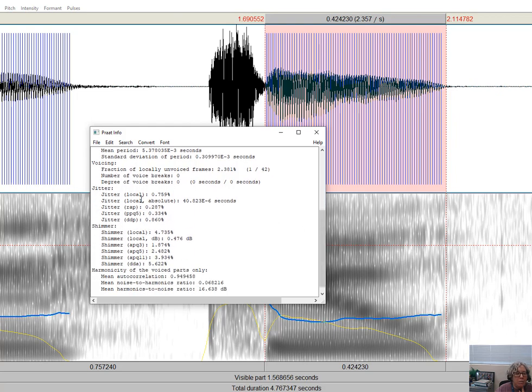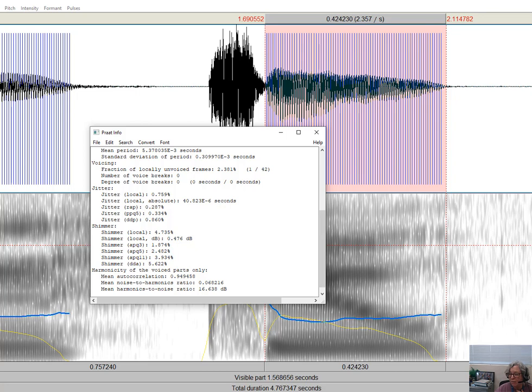My local jitter was 0.759, and my RAP for jitter was 0.287, not too bad. And my shimmer was 4.735. That analogous reading to RAP is 1.87. So hopefully I'm not in too big of an issue.